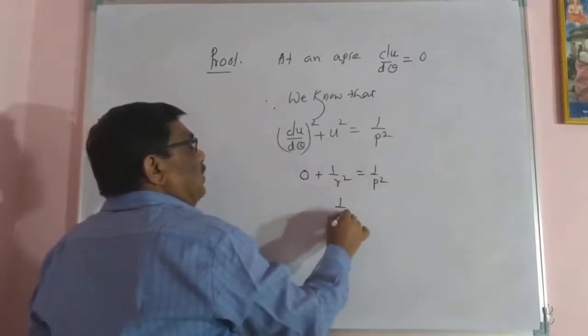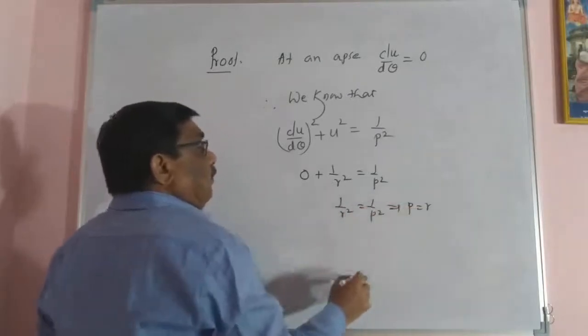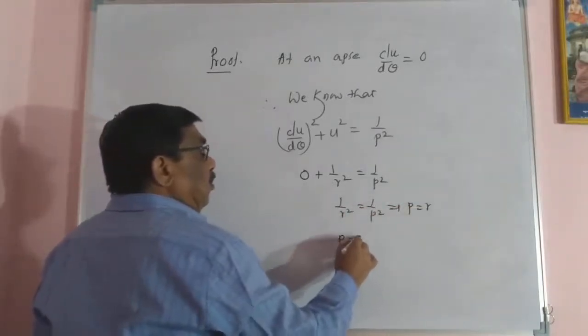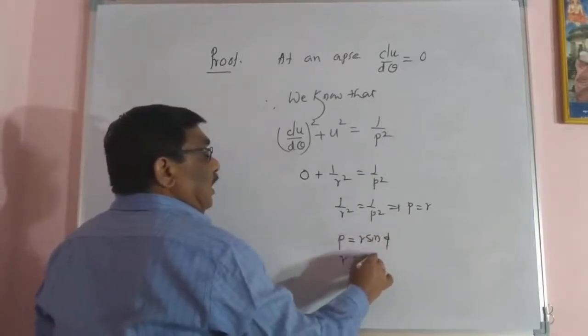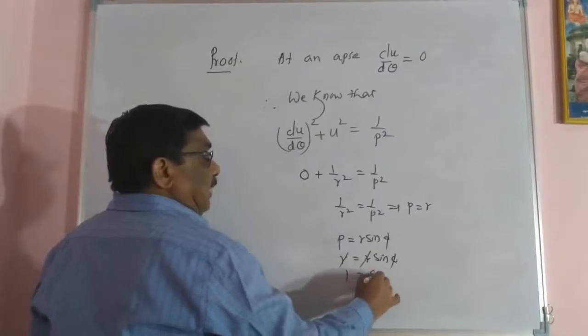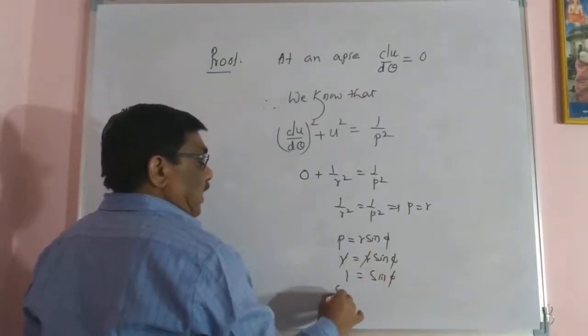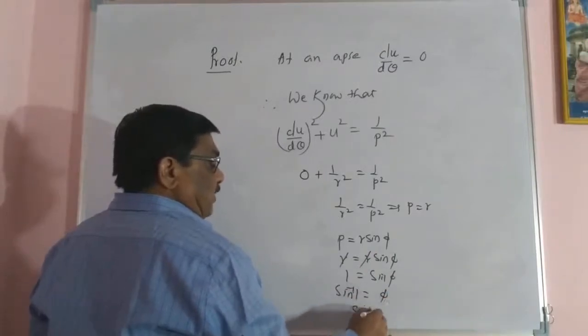So 1 by r square equals 1 by p square, which implies p equals r. And we know the formula p equals r sin psi. So r equals r sin psi, r cancels, 1 equals sin psi, and sine inverse 1 equals psi. This is 90 degrees.